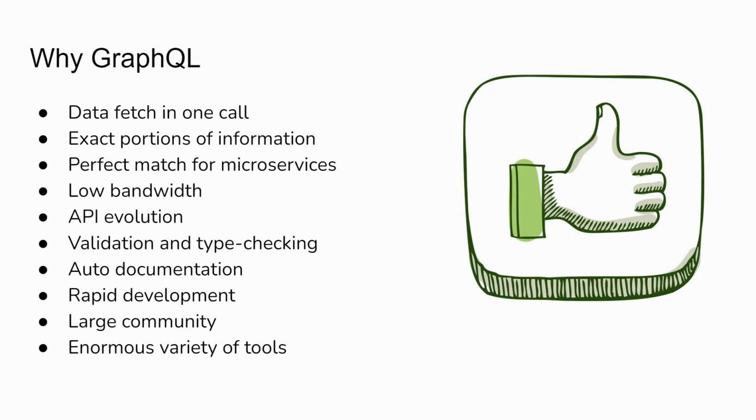Also, because of GraphQL schema, there are beneficial features such as API evolution, validation, type checking, and auto documentation, so that is suitable for rapid development. Last but not least, there is a huge community and enormous variety of different tools. That is always a plus.